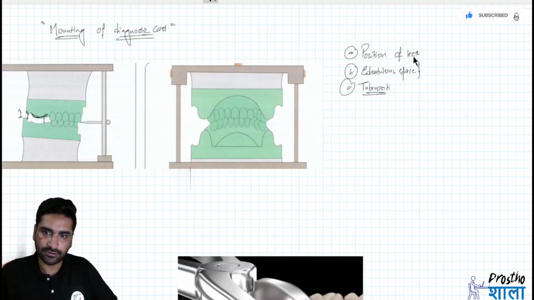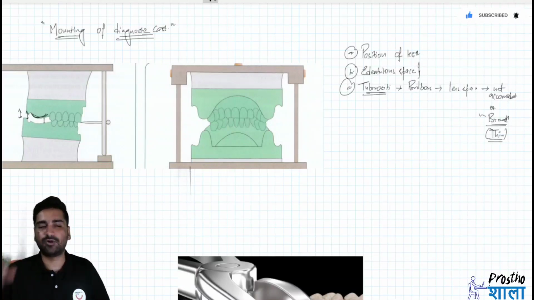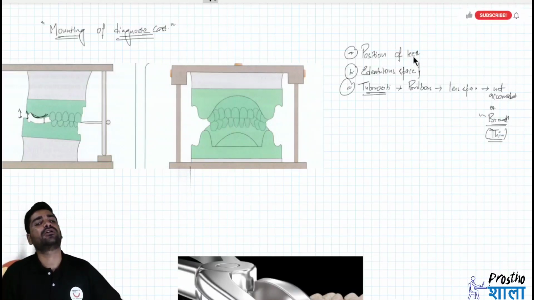If they are bulbous, there will be less space and the RPD will not accommodate properly, or it might break because it will become very thin, right? That much force cannot be withstood by that thin amount of acrylic plate.